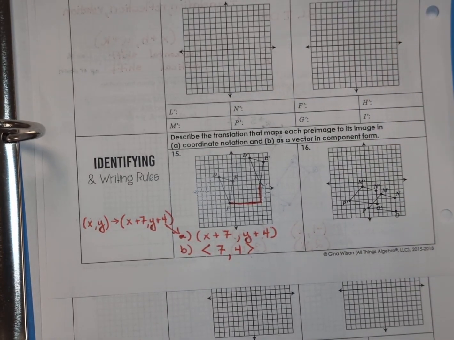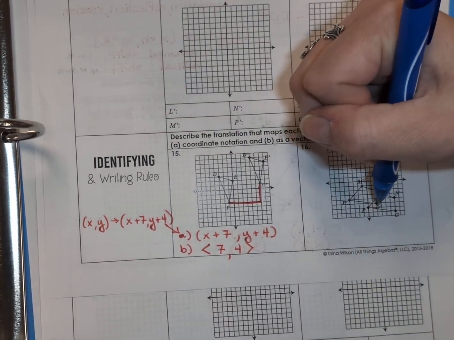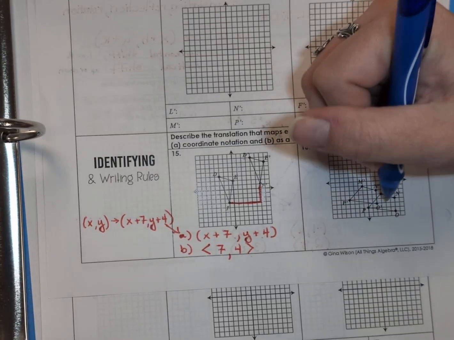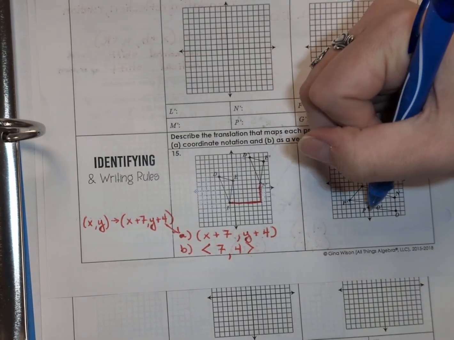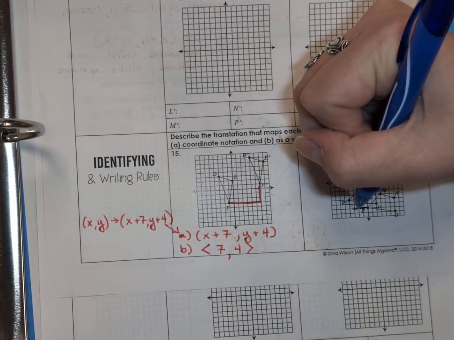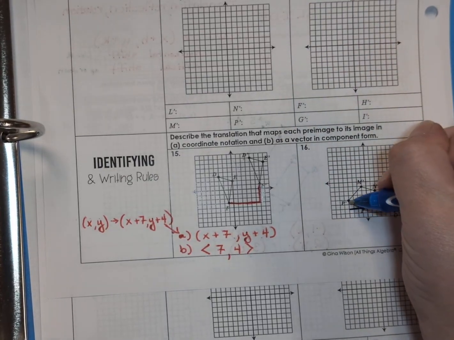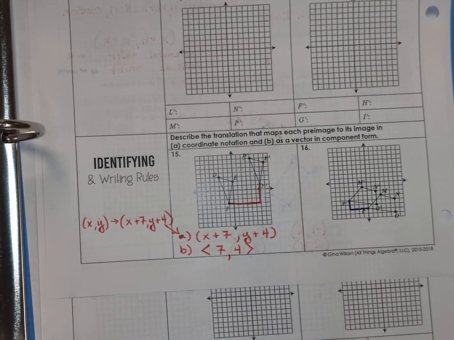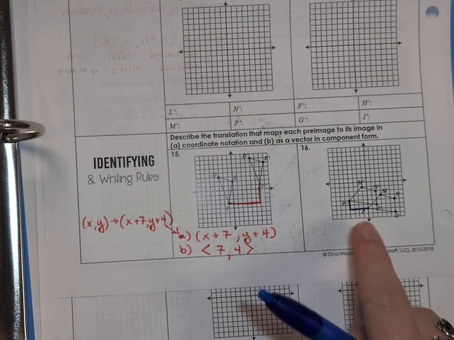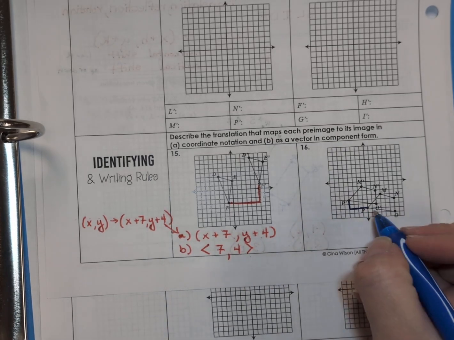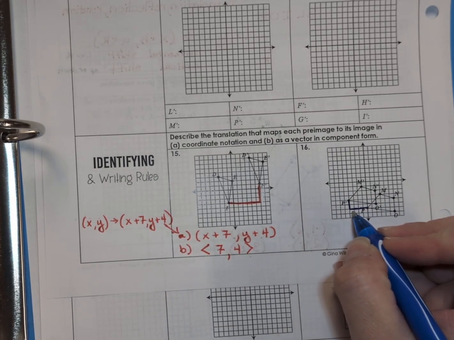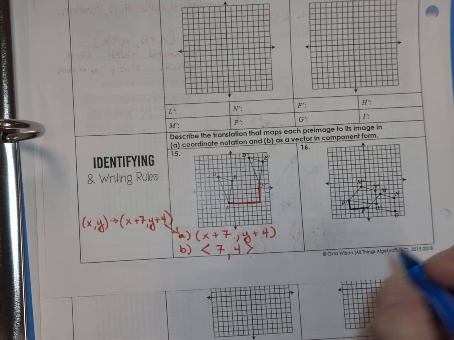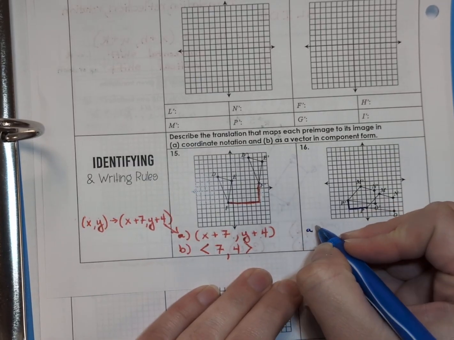Alright, so take a look at 16. Again, pick a point. So I'm going to use P because it doesn't overlap in the shape. So I think that's easier to read. So if we go from P to P prime, how did we move there? Left 4, up 2. So how would I write that?